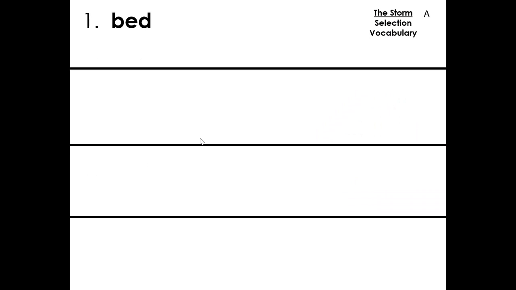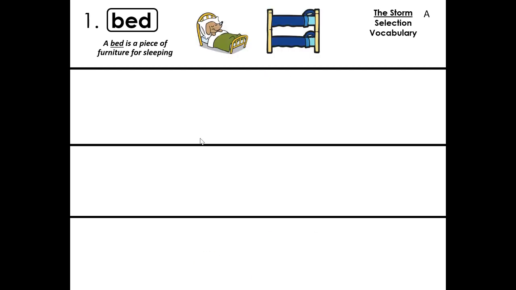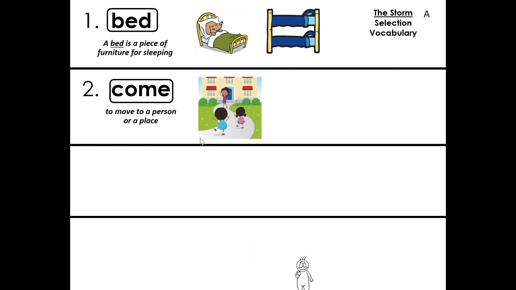Number 1, what was number 1? Bed. What is a bed? A bed is a piece of furniture for sleeping. Number 2, do you remember this word? Come. To move to a person or a place. Number 3, pop.